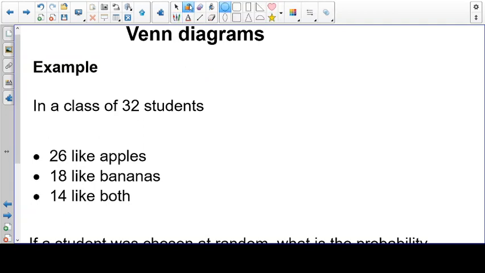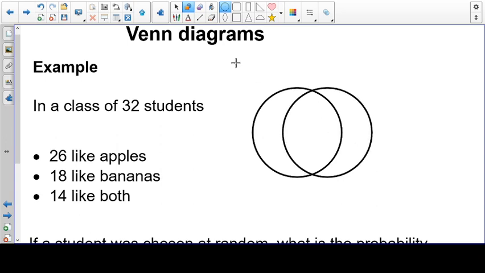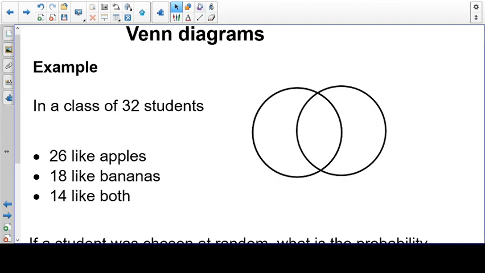So what we do is, if we want to show this information on a Venn diagram, we draw two circles that are overlapping. Like that. So each circle is going to represent one of the events.